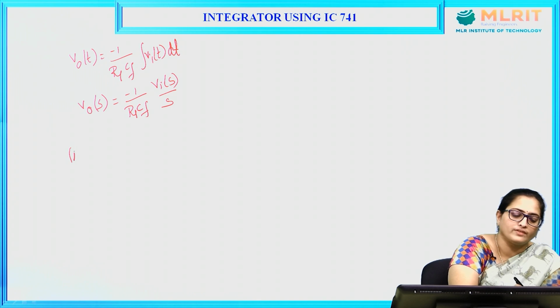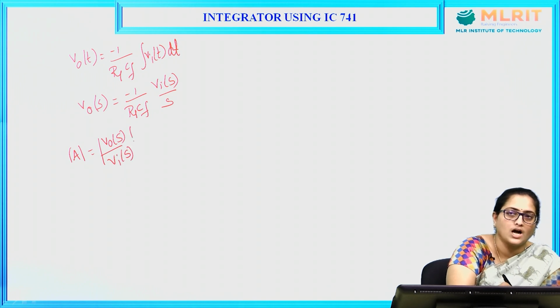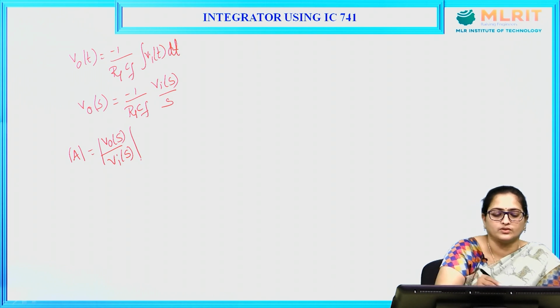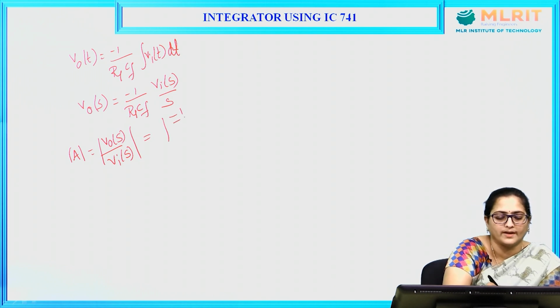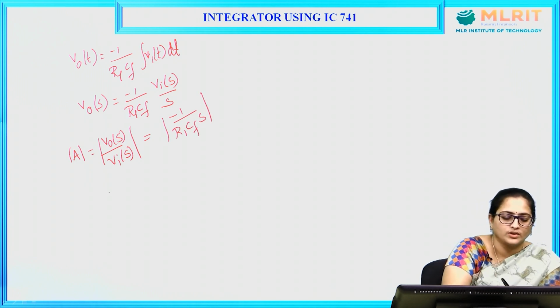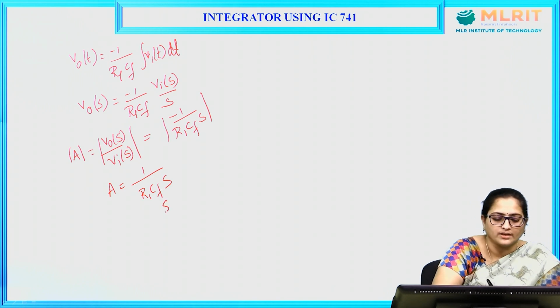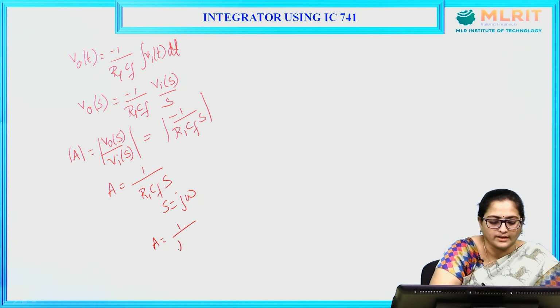The gain of the circuit is the magnitude of V0 of s divided by Vi of s, the output voltage to the input voltage, which is the magnitude of minus 1 by R1 CF into s. So the gain is 1 by R1 CF into s. By substituting s equals j omega, you can write the gain as 1 by R1 CF into j omega.